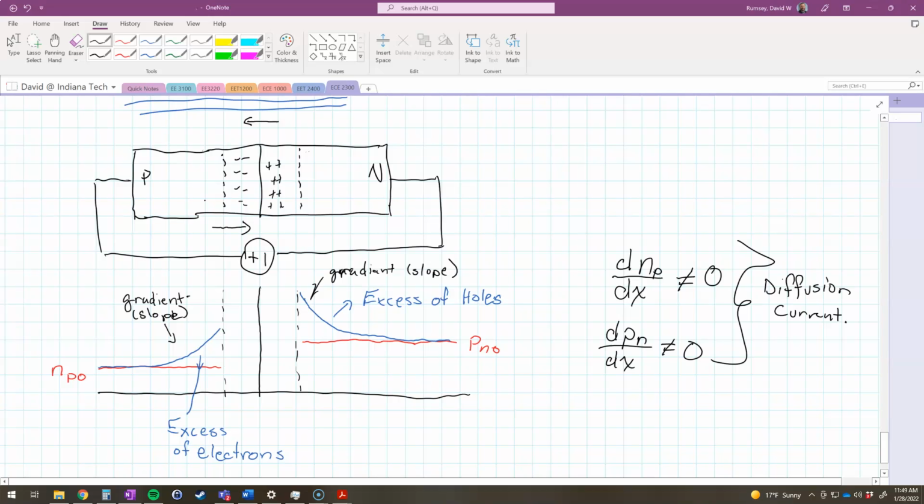And so we now have a current, and that current is flowing in this direction. The current is flowing in that direction, and so we now have current going through the device.